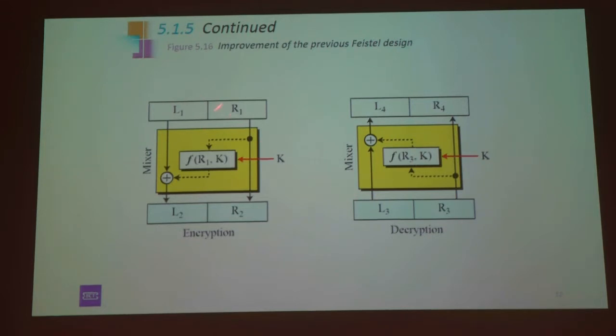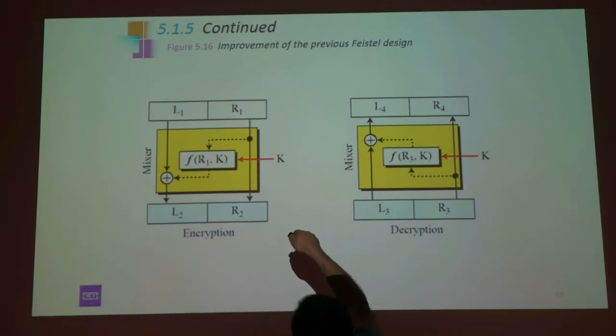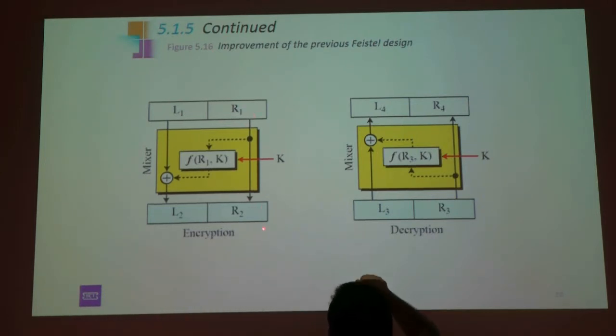So you divide it into left and right. You pass all the right to the second round, so R1 becomes R2. Now, you don't pass the left all the way to L2. No, you change it. How? With the key going into the function, and you XOR it with the left.